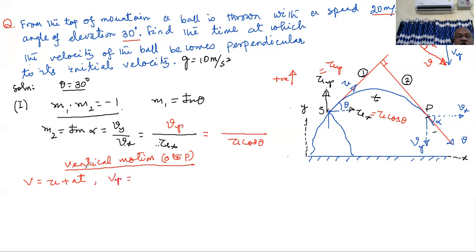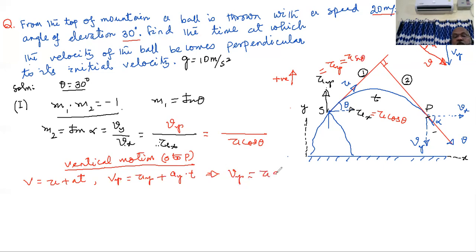U is initial vertical velocity, that will be equal to Uy plus a. We know a means vertical acceleration. Immediately g will be jumping down to take its place. Into t. Time has got no vertical and horizontal. Time is independent of all those things. So next step, we write Vy equal to Uy. Uy equal to u sin theta. We know Uy equal to u sin theta, and that is upward.